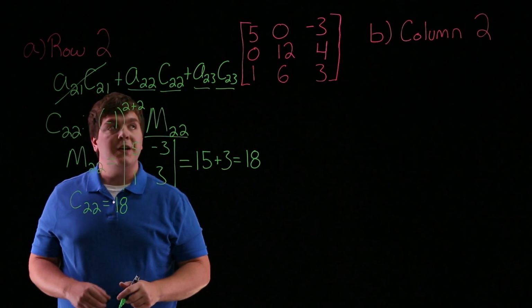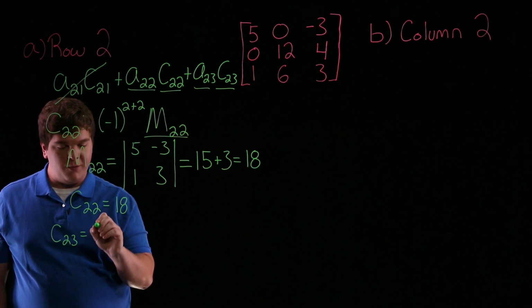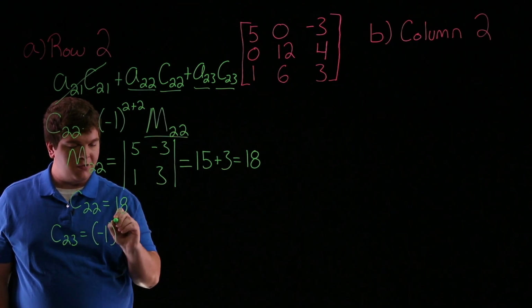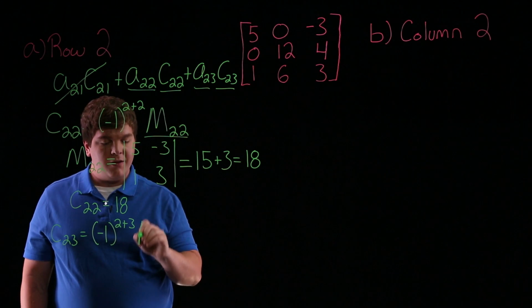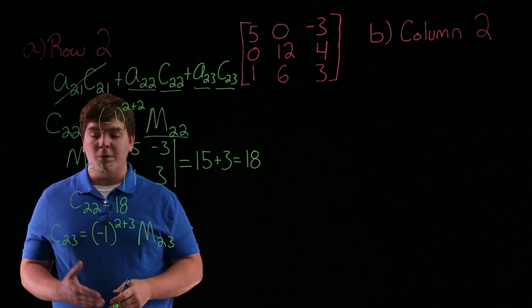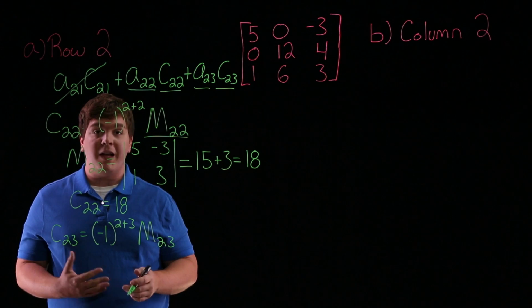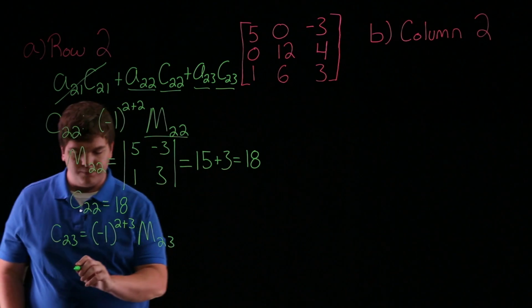Now to find C23, this is equal to -1 to the 2 plus 3, or -1 to the 5th, times the minor M23. So in order to find C23, we have to find M23, and we'll go through a similar process that we did to find M22.